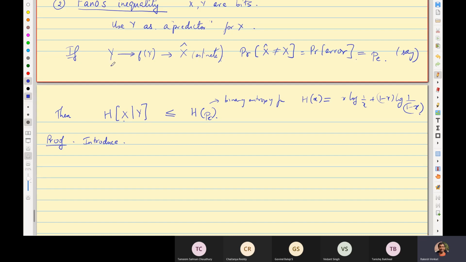So you'll apply some function of y on the received input y, and that would give you some estimate x hat. Now that x hat estimate of x might be equal to x or may not be equal to x. So suppose y is such a variable that you can estimate x using y with probability of error being at most p.